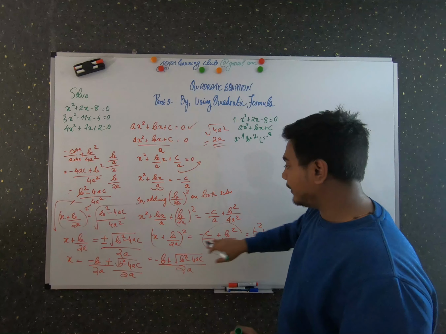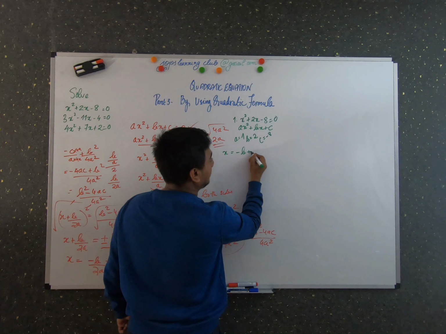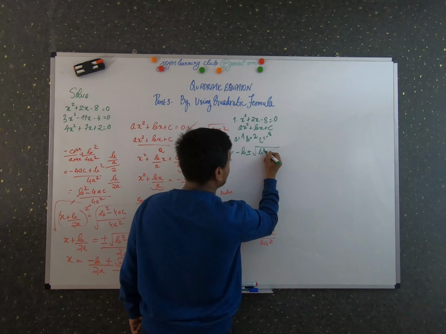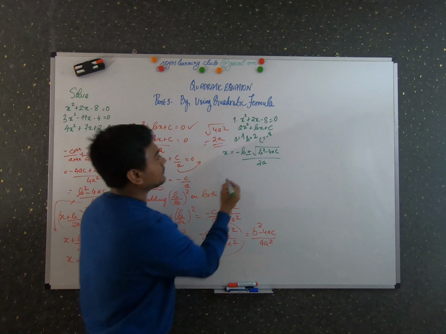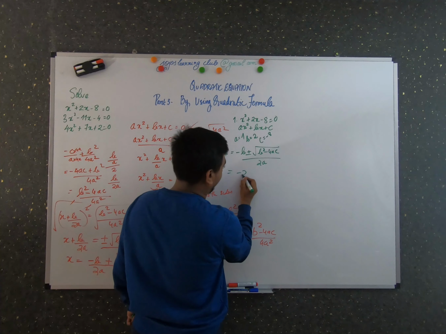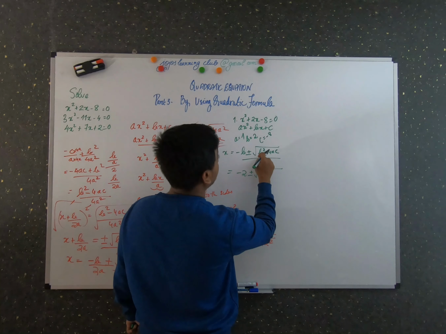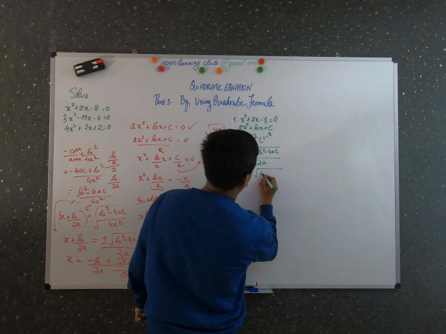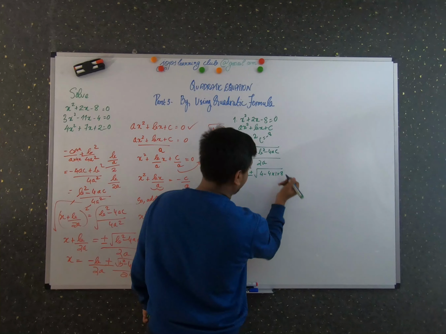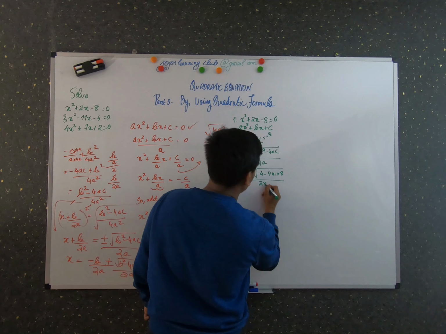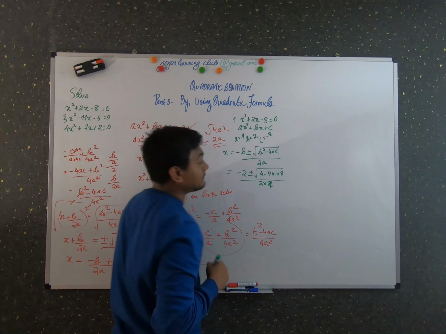Now we've got everything required. What is the formula here? x is equal to minus b plus or minus root of b square minus 4ac by 2a. Now I'm going to substitute everything. So b is minus 2 plus or minus root of b square, that is 2 square, 4, minus 4 into a, which is 1, into minus 8, by 2 into 1, because a's value is 1.